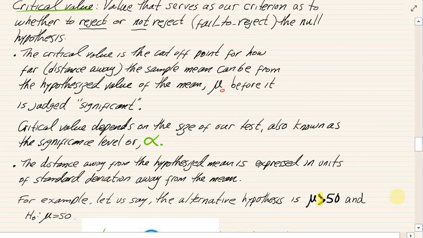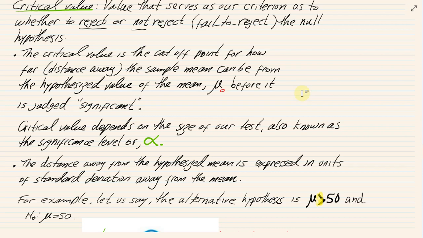And by the way, we're going to assume that we're sampling from a normal population throughout the entire chapter here. And if we're not sampling from a normal population, we assume the sample size is large. And we're going to look at the case where the population standard deviation, sigma, is known or unknown, just like in chapter 9 with the confidence interval we did.